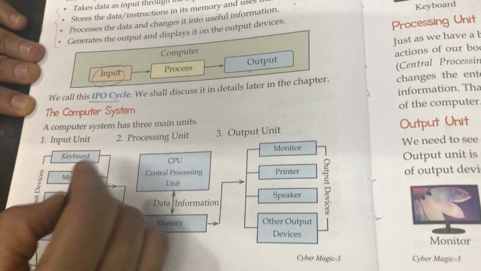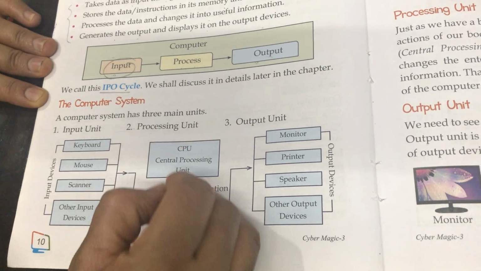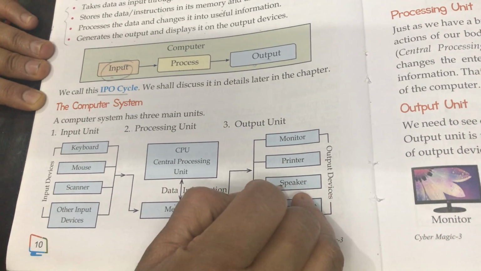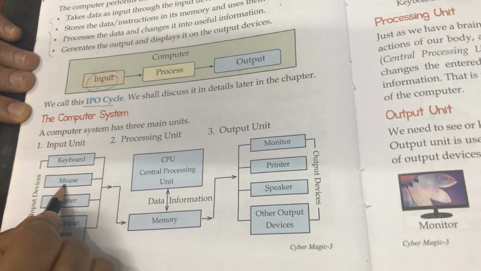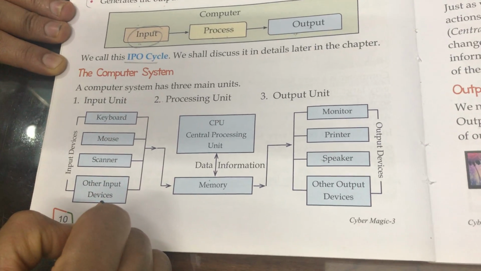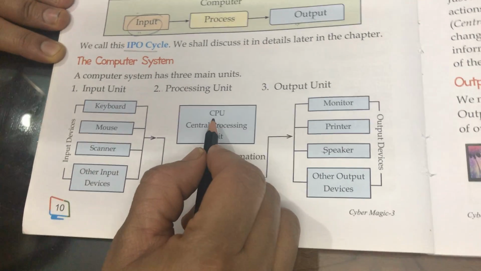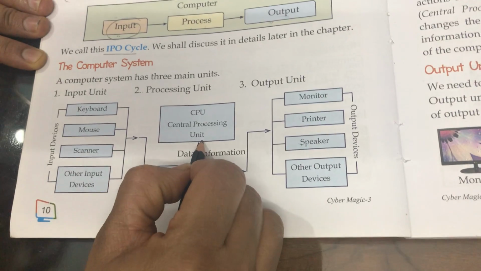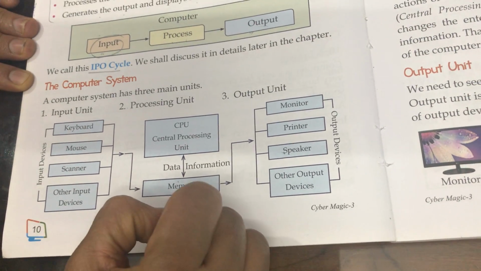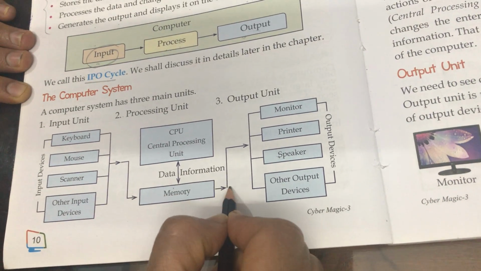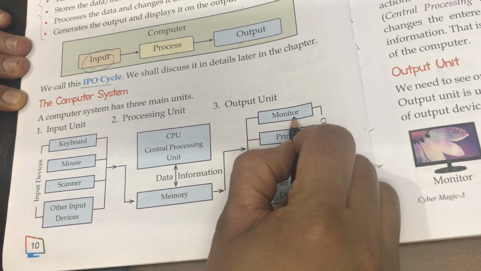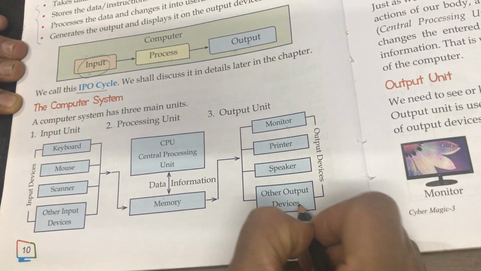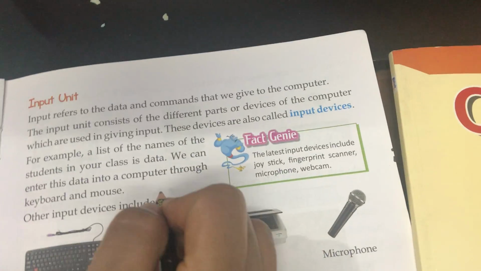The computer system has an input unit, a processing unit and an output unit. In the input unit we have the keyboard, mouse, scanner and other devices. In the processing unit we have the CPU, that is the central processing unit, and also memory. This data and information is sent to the output devices such as the monitor, printer, speaker and others. Now, what is the input unit?